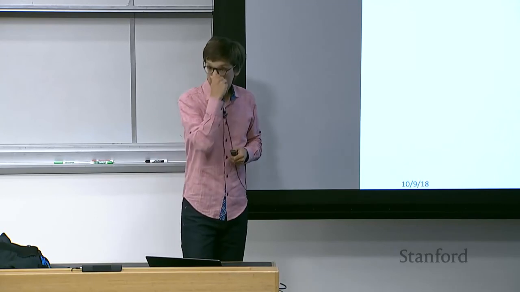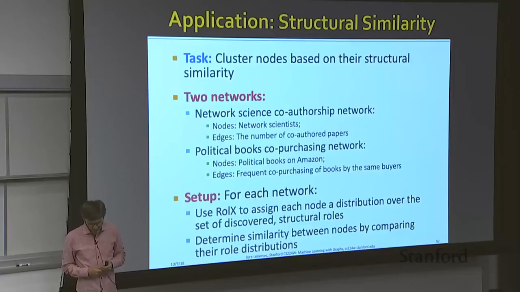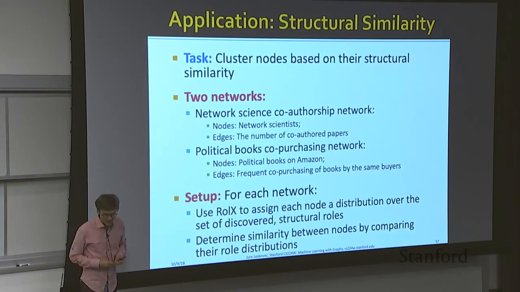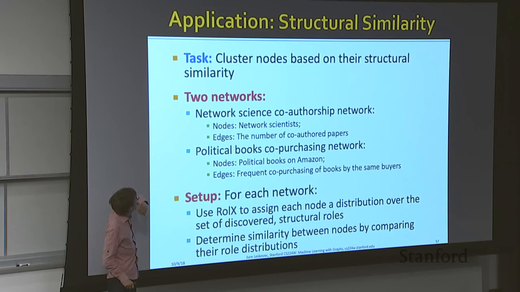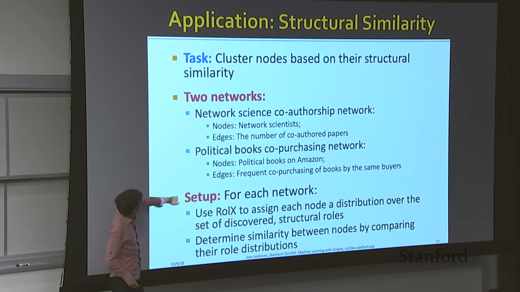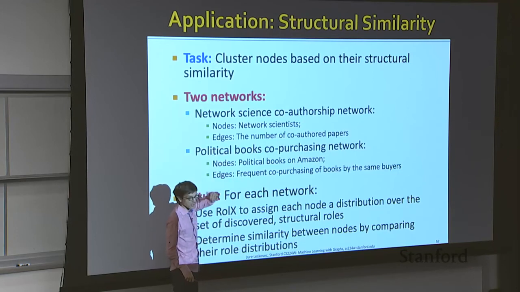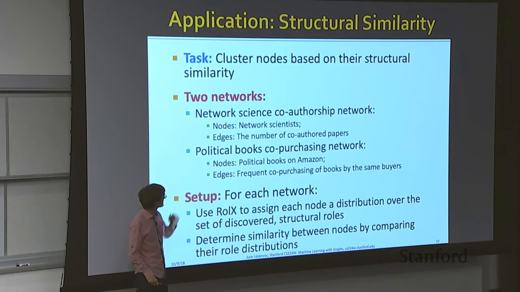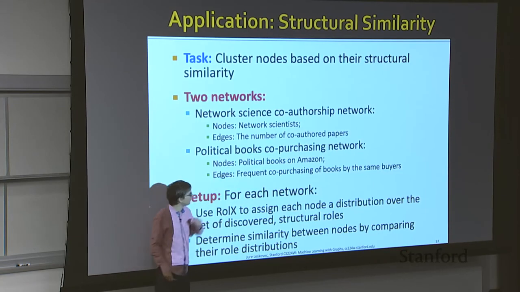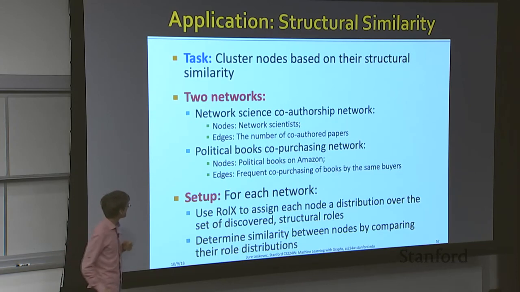To give you one example of this in the last 2 minutes, the goal here is to cluster nodes based on their structural similarity. We will have two networks: a network of science co-authorships, where nodes are scientists and edges are co-authored publications, and a network of political books and how they are co-purchased.